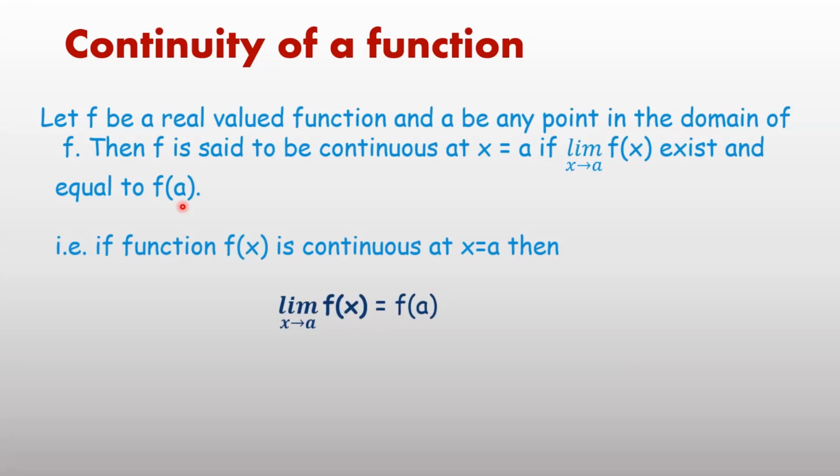That means if the left hand limit equals the right hand limit equals the value of the function at that point, then you can say the function is continuous at x equal to a.